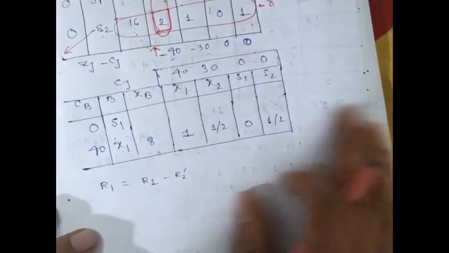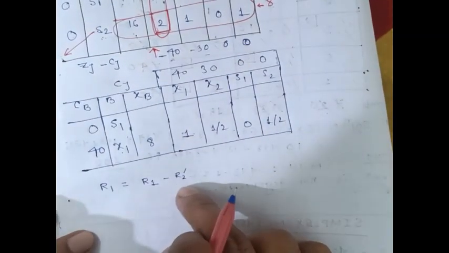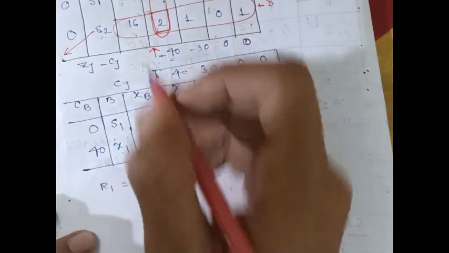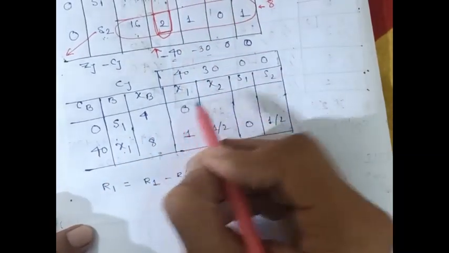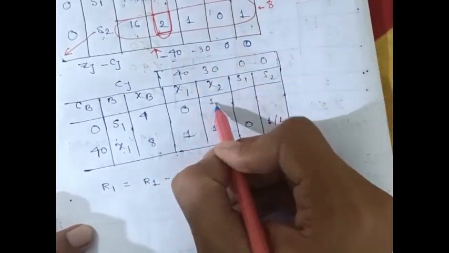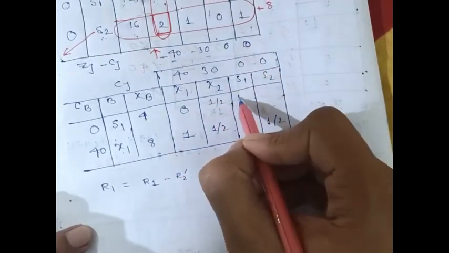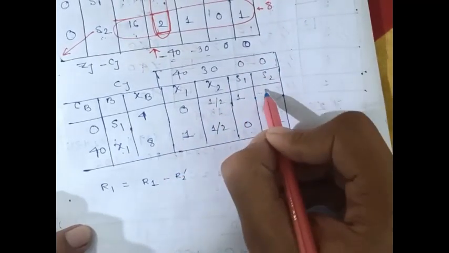So I am doing r1 is equals to r1 minus r2 dash. Okay, so 12 minus 8 it is 4, 1 minus 1 it is 0, 1 minus a half it is half, 1 minus 0 it is 1, 0 minus half.